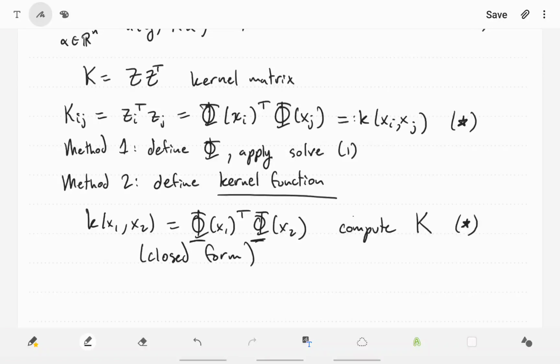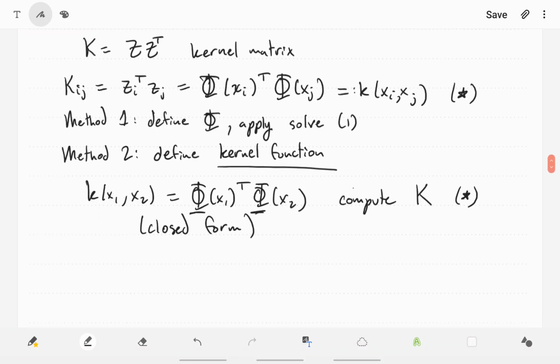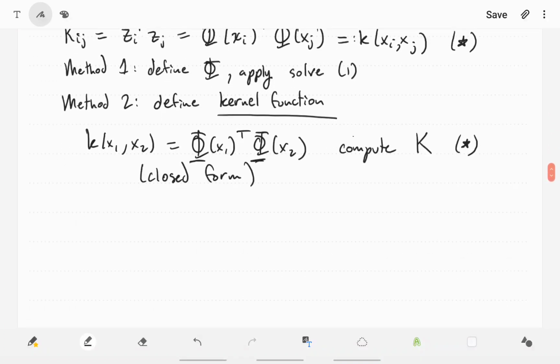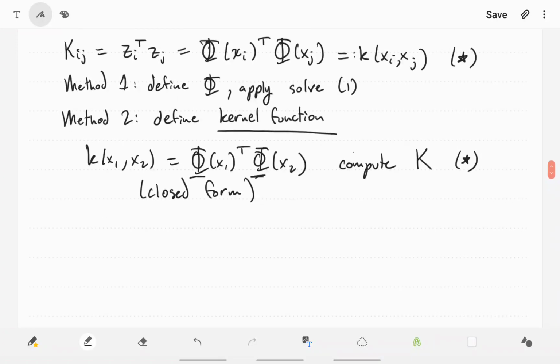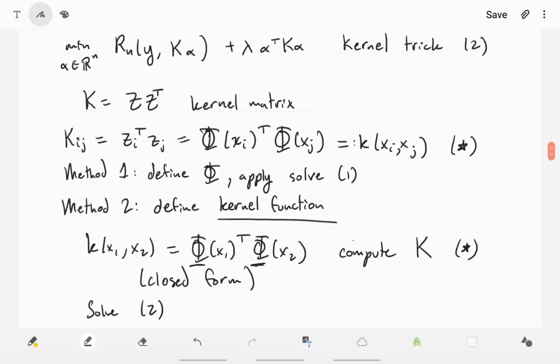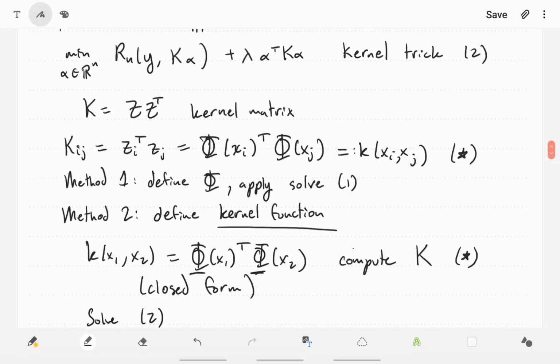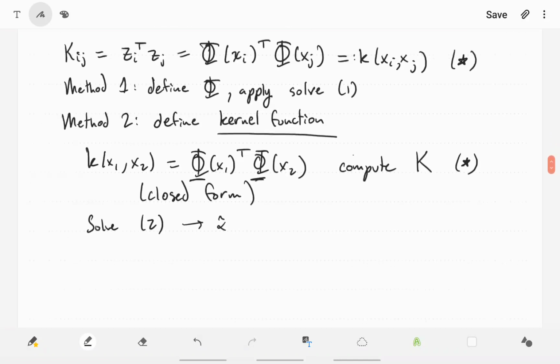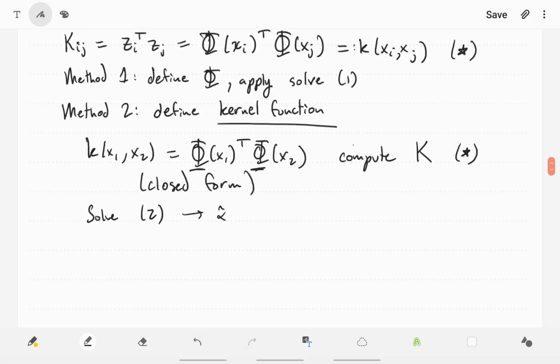So what's an example of this? Actually, before we go on, let's just think about how we go from a solution to 2. Now when we solve equation 2, that's this kernel trick program. If we solve equation 2, what we end up getting is alpha hat. Okay, great. And then from there we can get back our betas if we want.